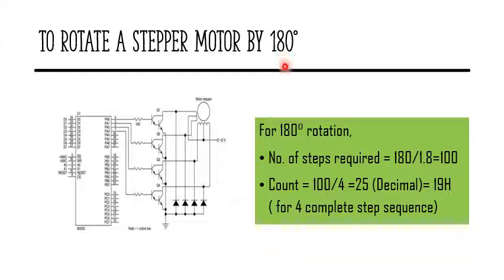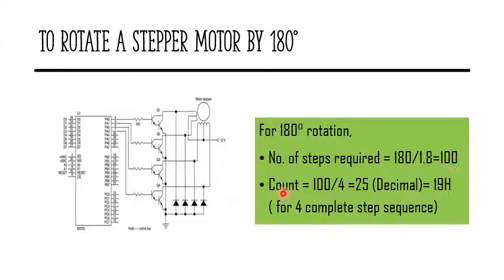For 180 degree rotation, the number of switching steps required is 180 divided by the step angle 1.8, that is equal to 100. These 100 steps are produced by repeating the sequence of 4 excitations.